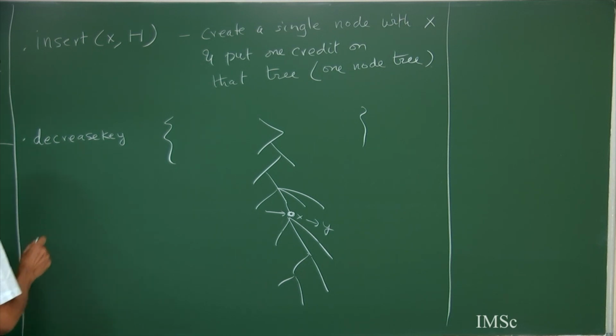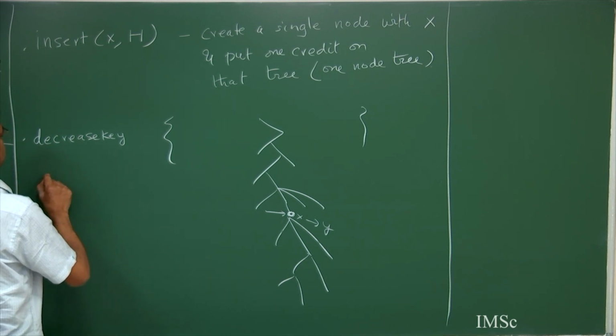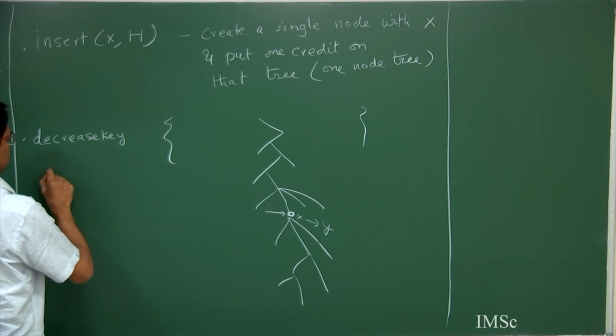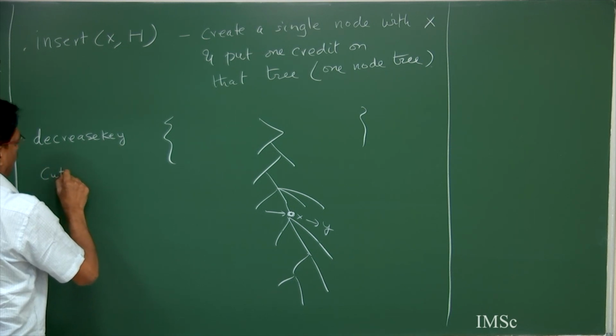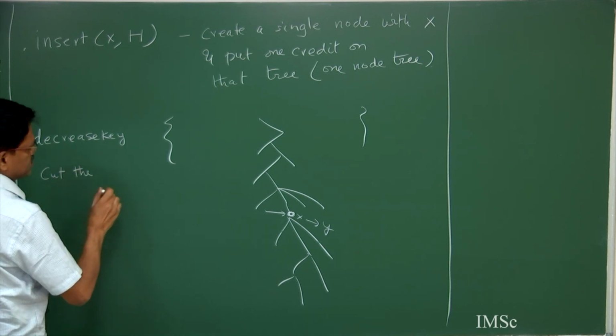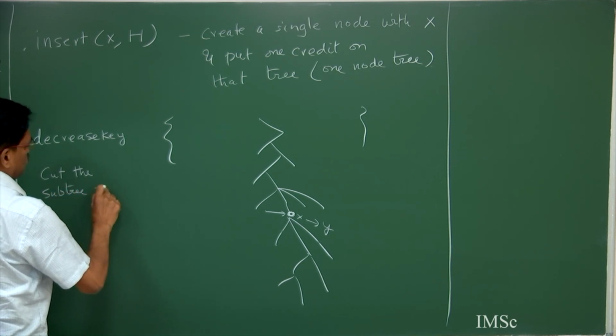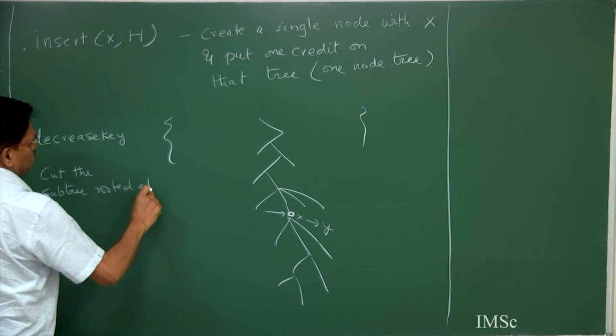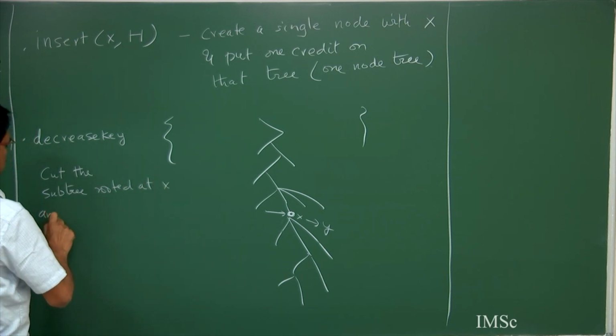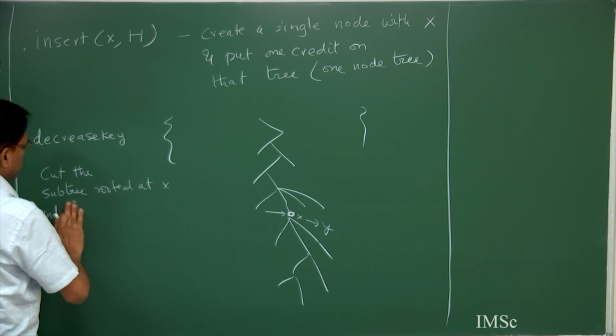Cut the subtree rooted at x, and form a new tree, add it to the collection.